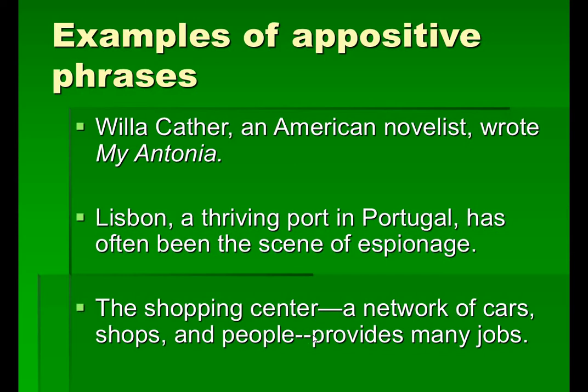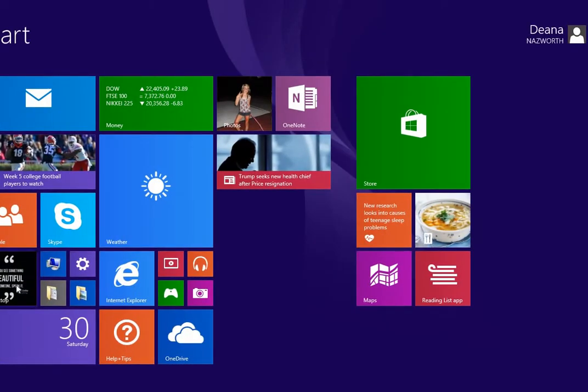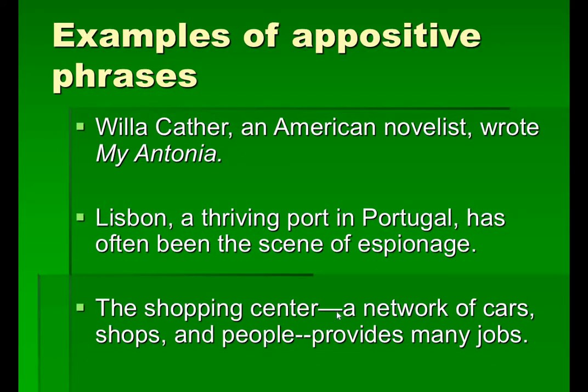We typically use them on things that are either really important that we want to stand out, or if your appositive phrase already has commas, like a list of things, then you might use a dash. And a dash is just two hyphens put together. Okay.